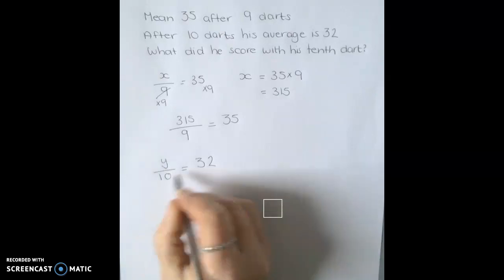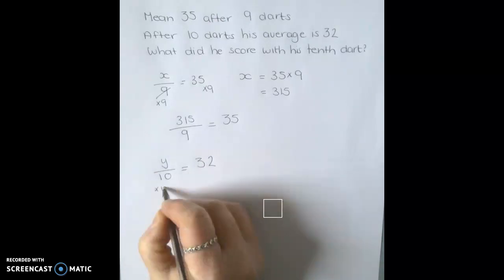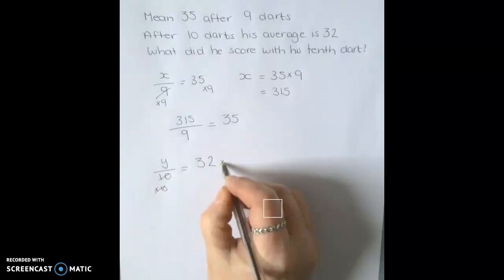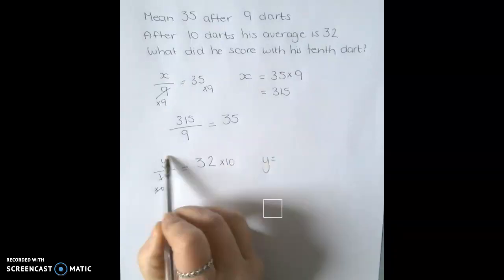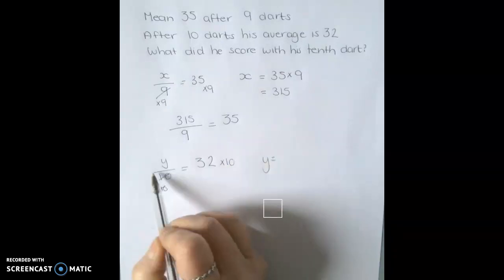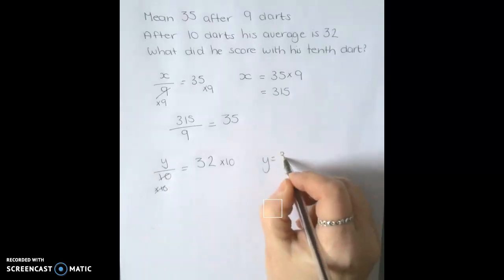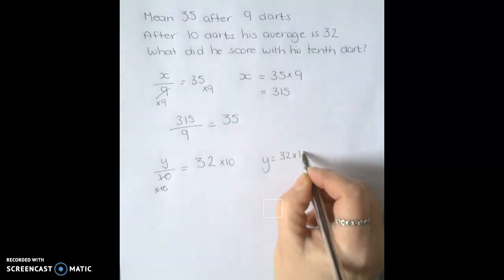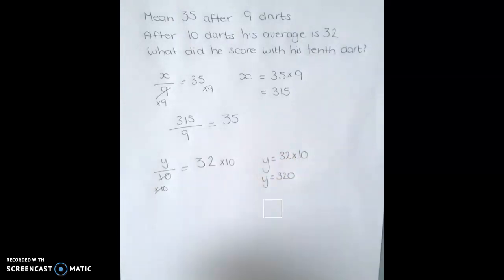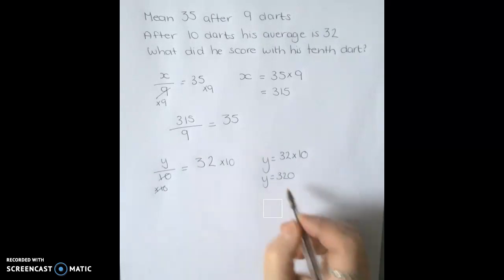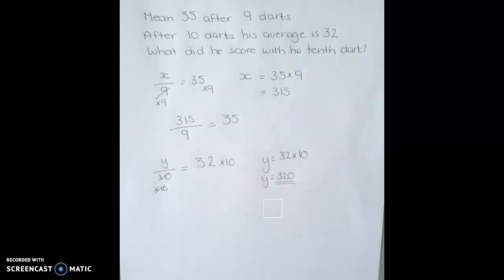To do the inverse of dividing by 10, we need to times both sides by 10. So y, the total score after throwing 10 darts, becomes 32 times 10. So y equals 320. So the total score after he threw 10 darts was 320.